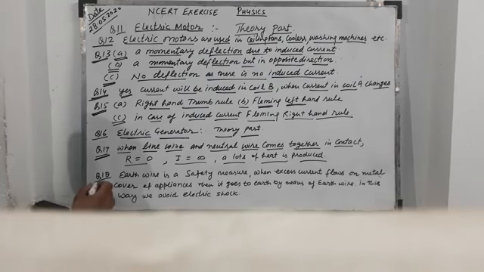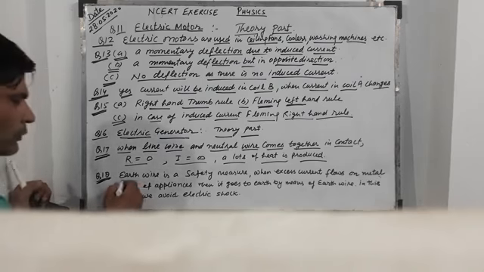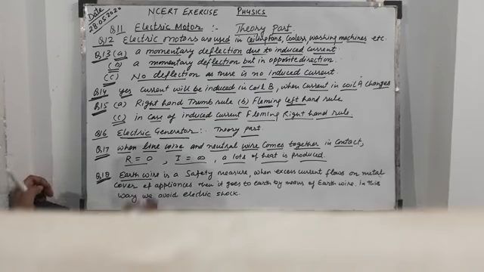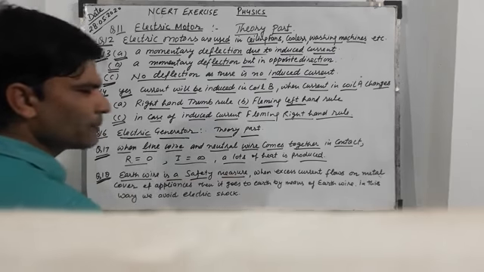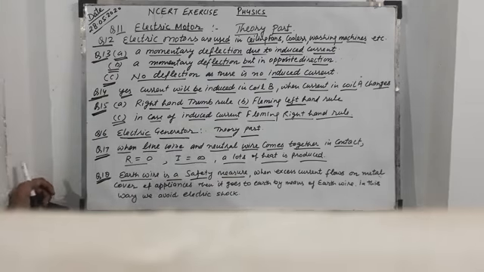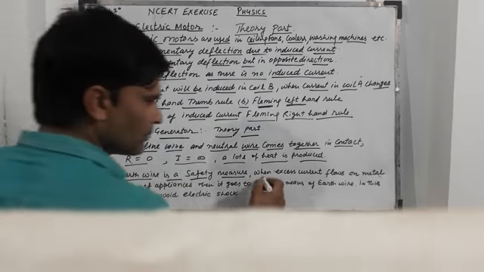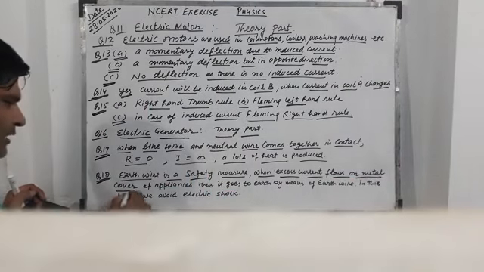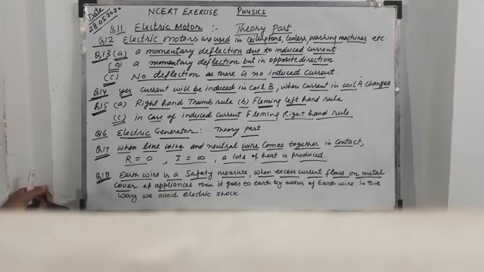Okay. Now in question number 18, the question is saying what is the working of earth wire. Earth wire is a safety measure. Okay. How it will work when excess current flow on metal cover of appliances.